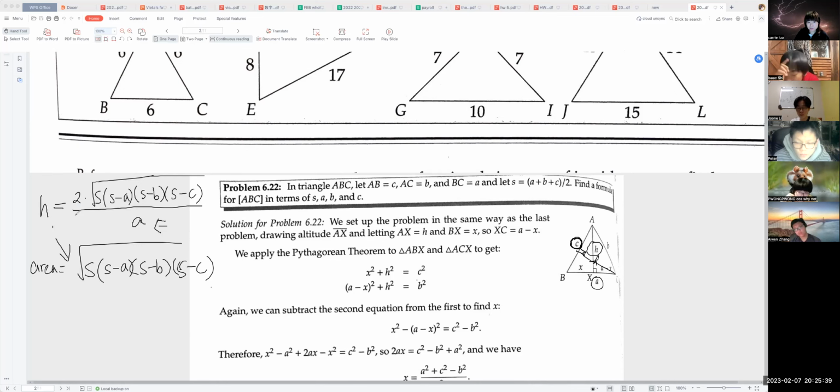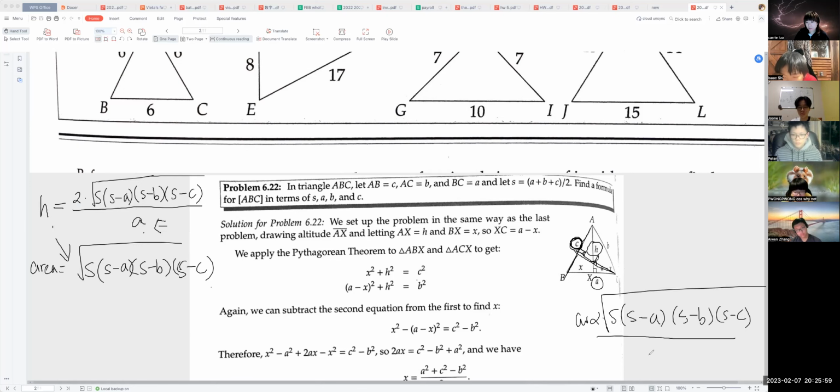So that's why it's 2 times area divided by A. So if I'm creating a height based on AB, everybody, so AB is actually C, right? So basically we need to use area. So it's S times S minus A times S minus B times S minus C, divided by 2 times this one, and divided by what? Divided by C. What? Okay, you don't understand?